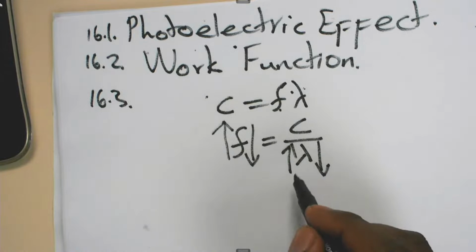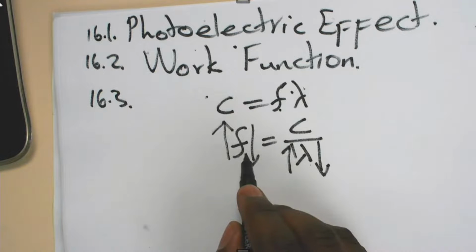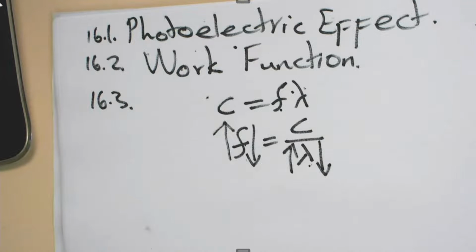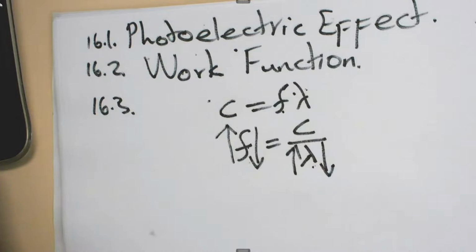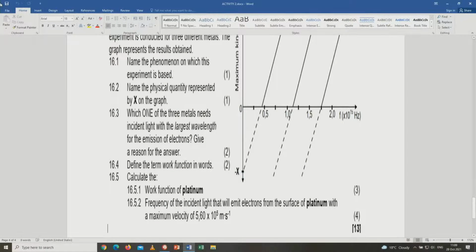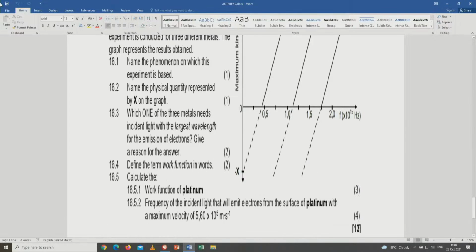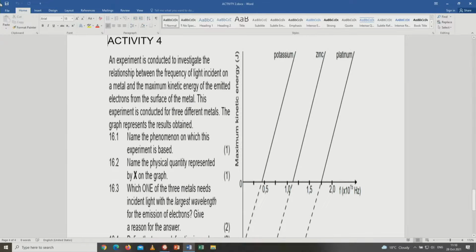We check the one that will have a lower frequency. The one with a lower frequency will then have a higher, or longer, wavelength. So which one of the three metals needs incident light with the largest wavelength? That will be platinum, not platinum, potassium, I mean, sorry.